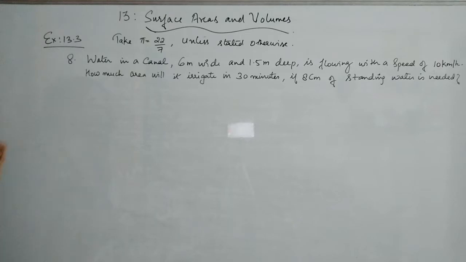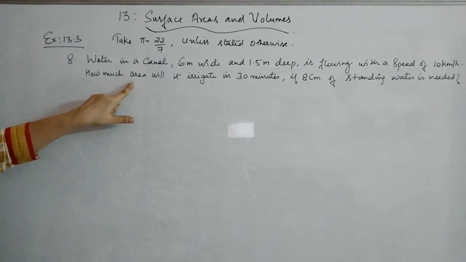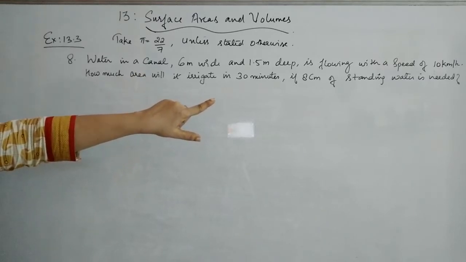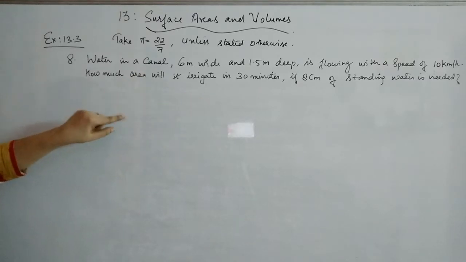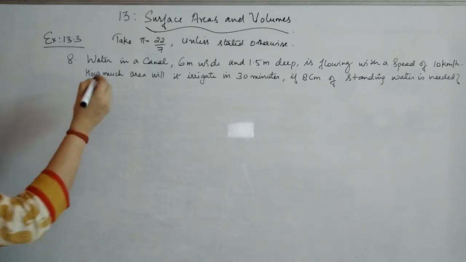That volume will be equal to area into height, with 8 centimeters acting as height. So area into height will again give you the volume. So you can equate them and find out the area. First, what is given?